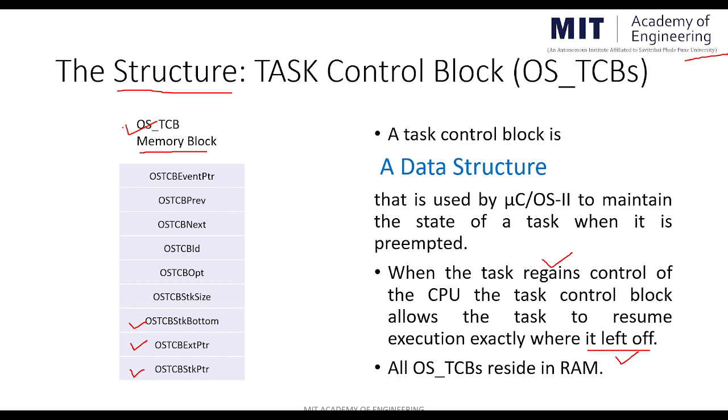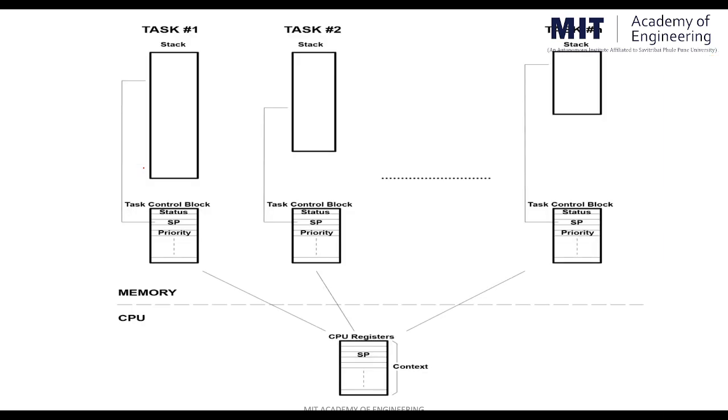So this diagram says that OS_TCB is the memory block or data structure having a number of members or data variables which are essential to save the status of the task. So this is the definition of the task control block, and these are the variables or memory block shown in the figure.